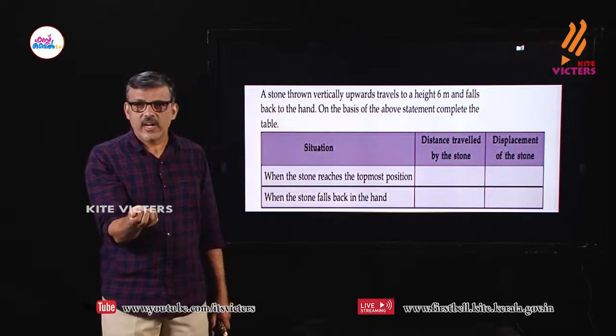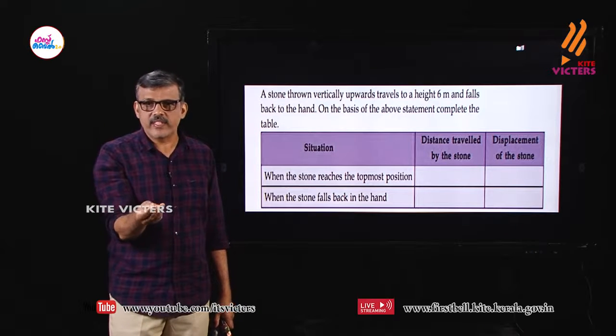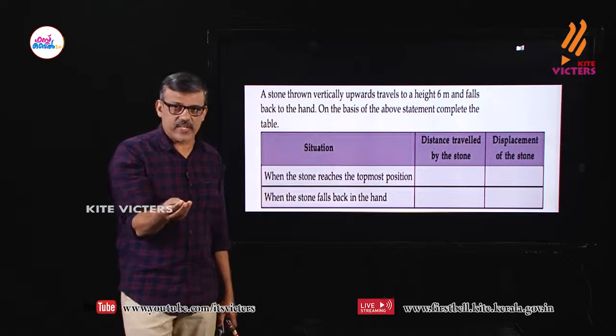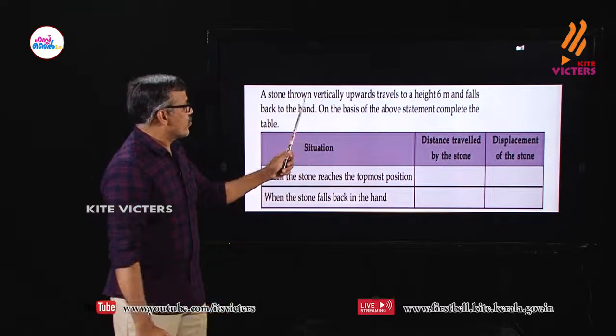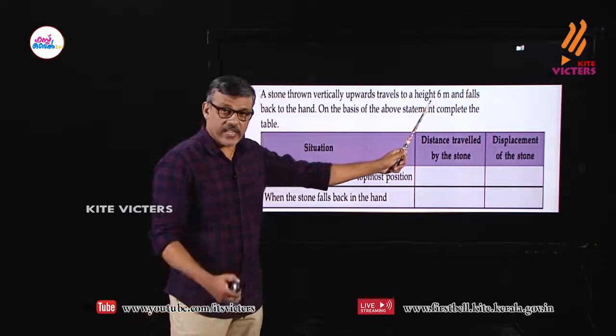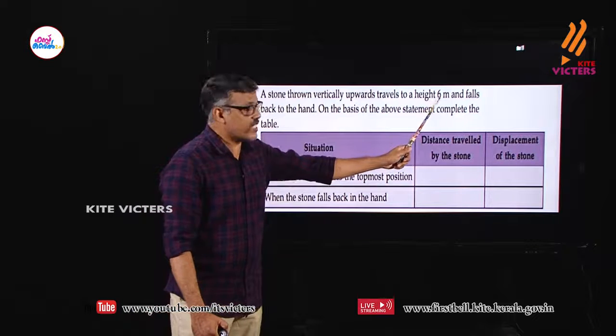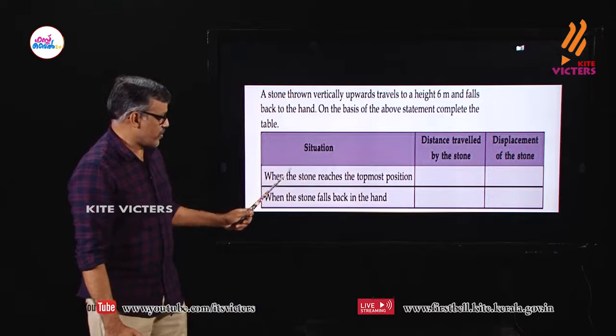What's happening? After reaching a certain height, it is coming back. Now it is in my hand. This is the situation. The height travelled vertically is 6 meter. Now we can observe the situation.